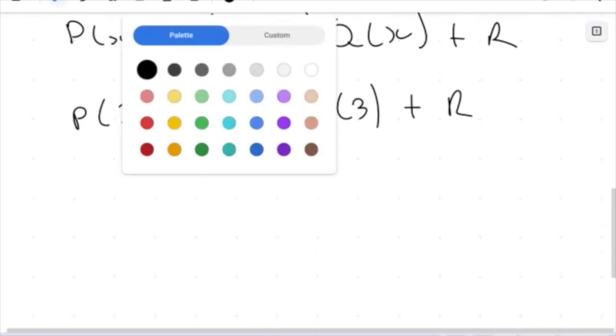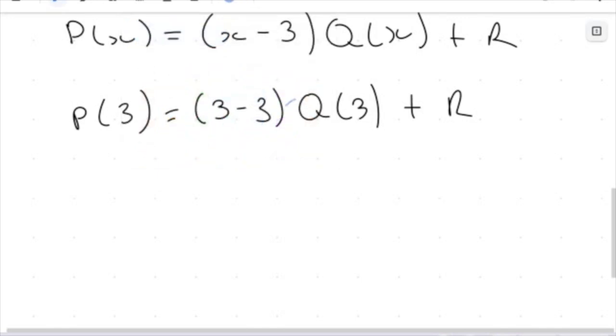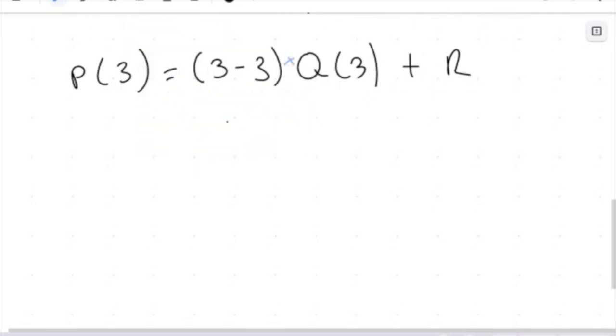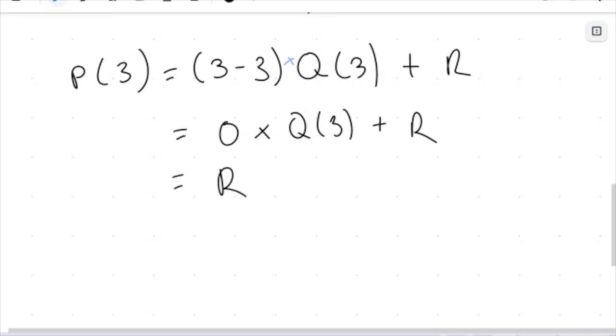Remember, when we write these polynomials in factored form, there is an implied multiplication between our divisor and our quotient. What that gives us is this 3 minus 3 just becomes 0, and anything I multiply by 0 is going to go away. So I'm going to be left with r.